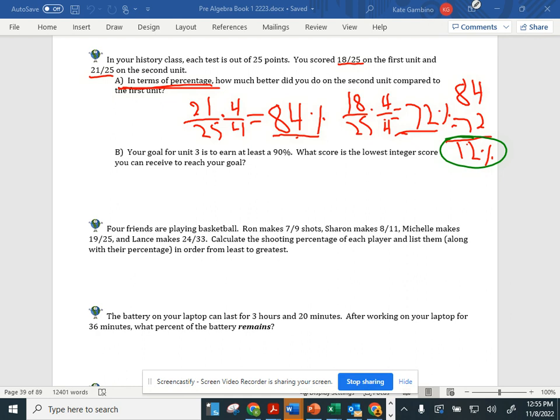So if we know that we had 84% and a 72%, and now we want to get to a 90%, what score do we have to get on that third test to get 90%? Yep, show me on the whiteboards. So we're gonna go, we need an integer score. So tell me what is that number that you could get on your test?